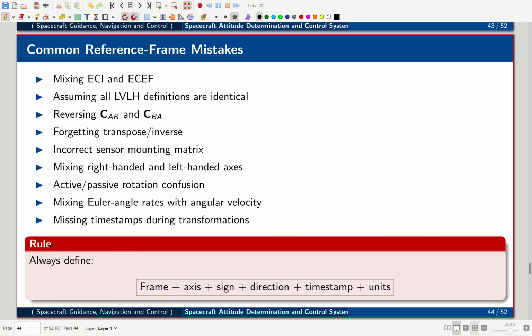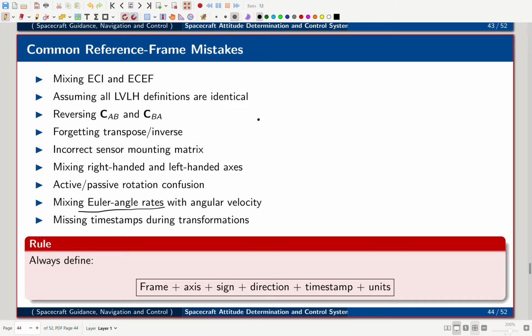So common reference frame mistakes include mixing ECI and ECEF, assuming all local vertical, local horizontal definitions are identical, reversing C_AB and C_BA, forgetting transpose or inverse, incorrect sensor mounting matrix, mixing right-handed and left-handed axes, active and passive rotation confusion, mixing Euler angle rates with angular velocity.